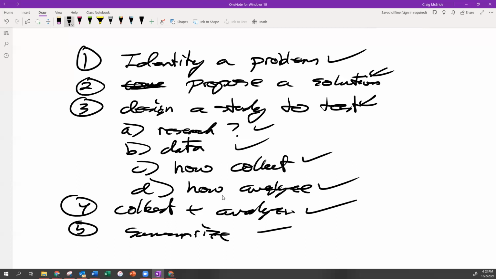You identify a problem, you propose a solution, you design a study to test that solution, then you go through the steps of testing it, you look back at your solution, and you summarize whether or not it worked. That's really just research. That's how you do any kind of research. And a dissertation is basically just a lot of flowery words written around that research.